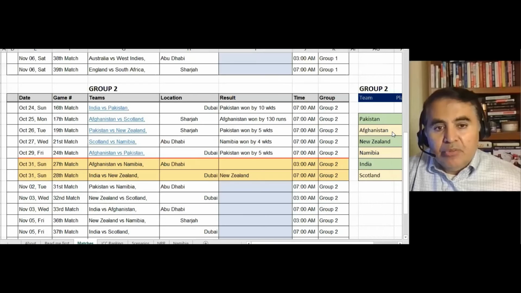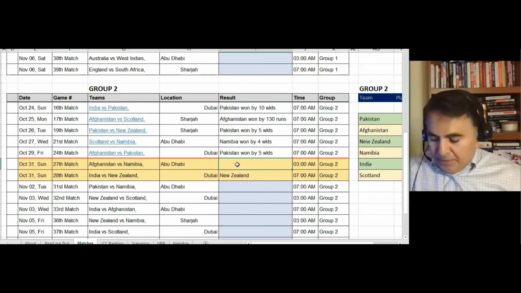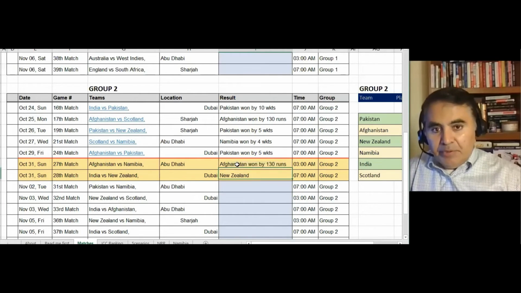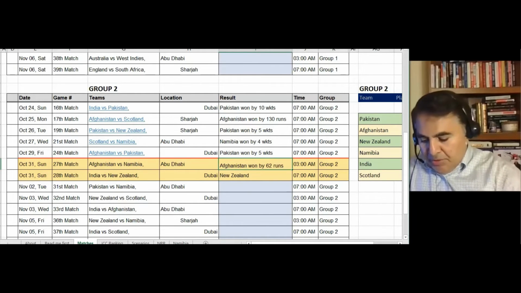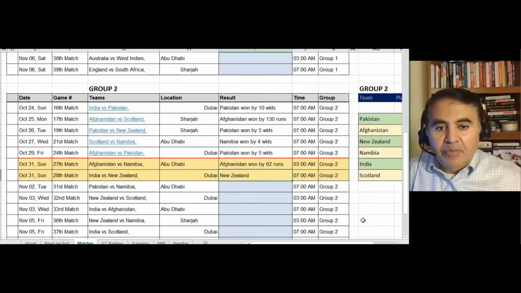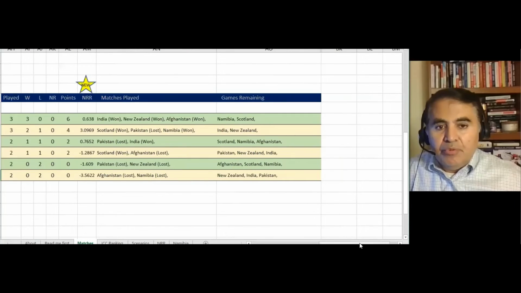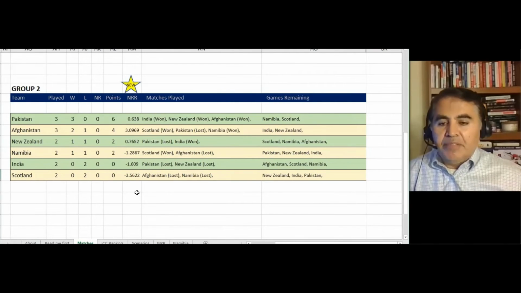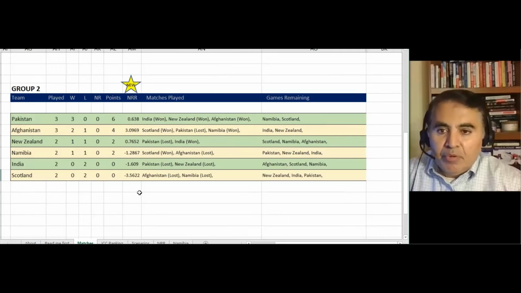So with these two results, let's go ahead and take a look at the points table. They actually won this game by 62. All right. So now when you look at the points table for Group 2, let's see where things stand. Pakistan is still on top of the leaderboard with 6 points.